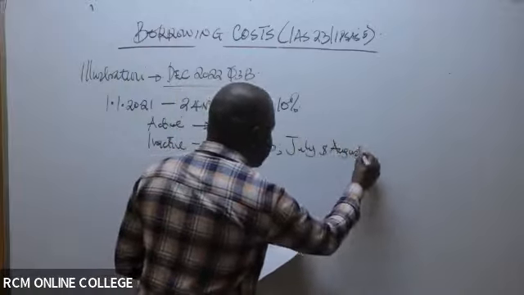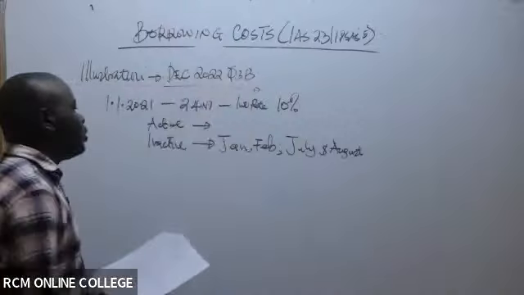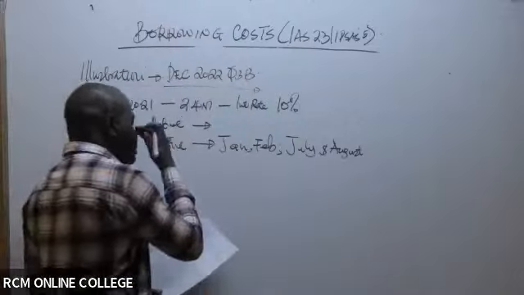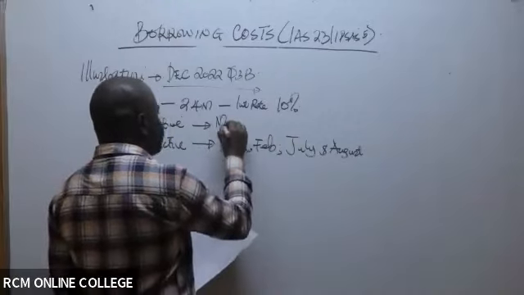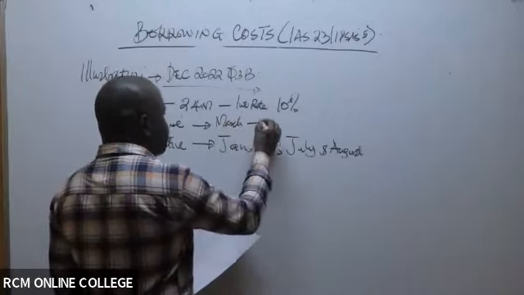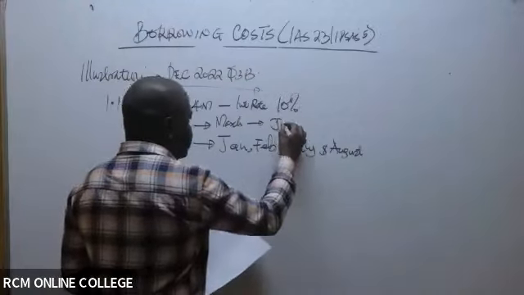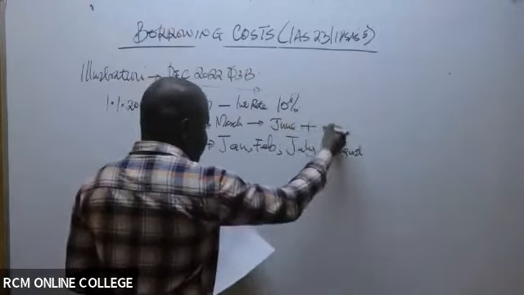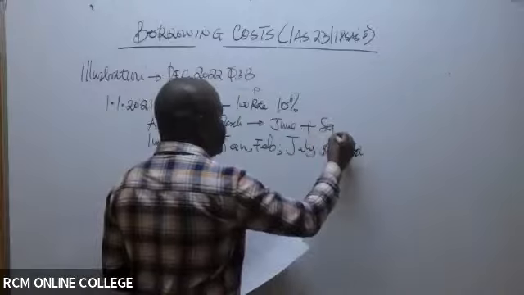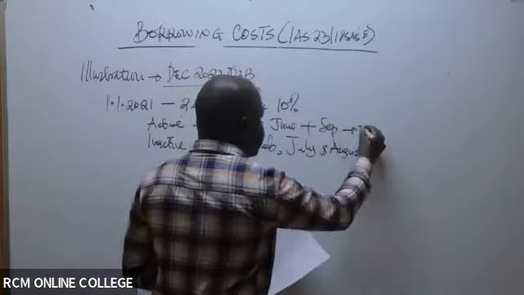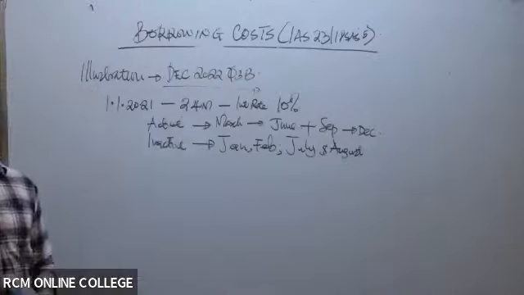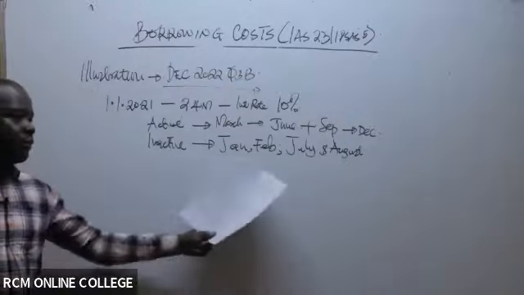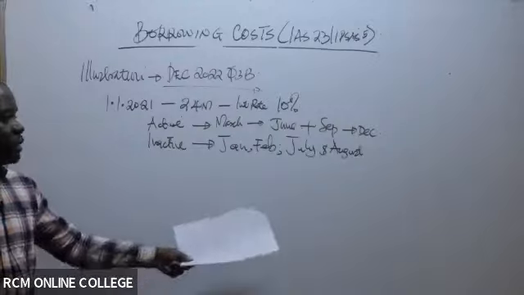So it means the only active period that was actually utilized in terms of construction was March up to June, plus also September up to December. This was the active period of construction. The inactive period, January na February hawakuwa wamejipanga, wakaanza kujenga 1st of March.